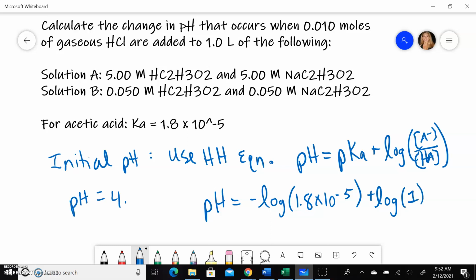And the pH ends up being 4.74. So this is the pH of solution A, and it happens to be of solution B as well.